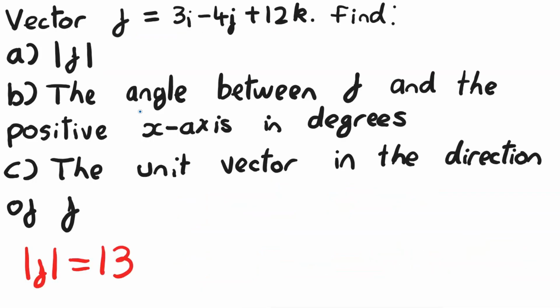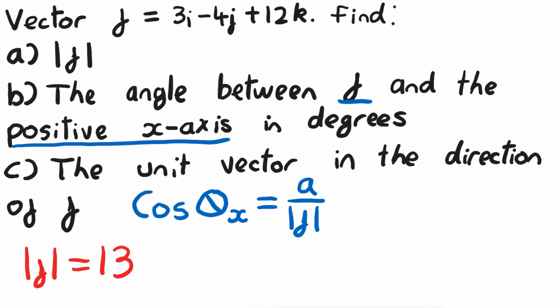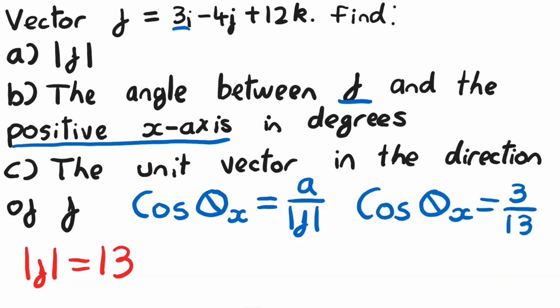Okay, and then for part B, we need to find the angle between the vector f and the positive x-axis. So this is the formula that we talked about before. For the x-axis, the formula is cos of this angle here, which is theta x, is equal to a, which is this number here in front of i, over the magnitude of f, which we figured out in part A. So cos of this angle is going to be a, which is 3, over the magnitude, which is 13.